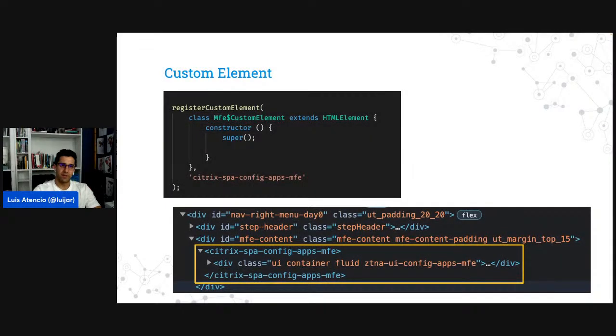So what is a custom element? A custom element is the idea that your application can become its own, you can think about this as its own HTML tag, right? So when we deploy that app listing page that you saw there, you can think of this as creating its own HTML element. And this allows you to target the CSS to make sure that it is targeted at that specific element, the parent container of your entire UI, right?